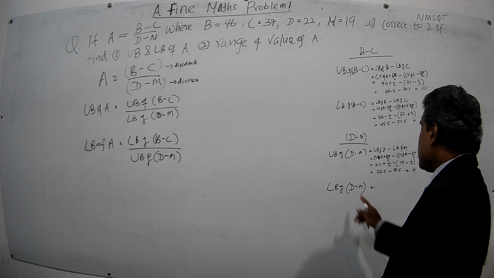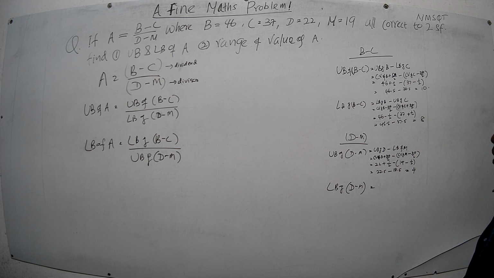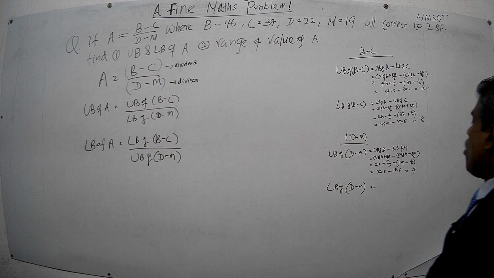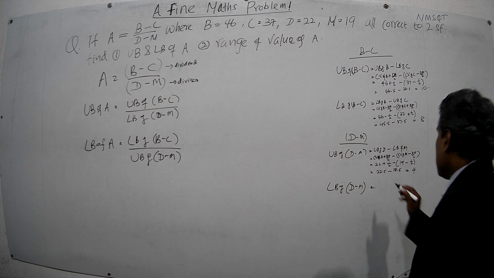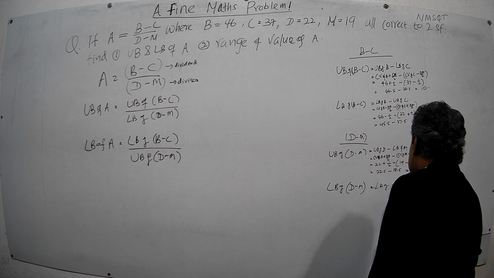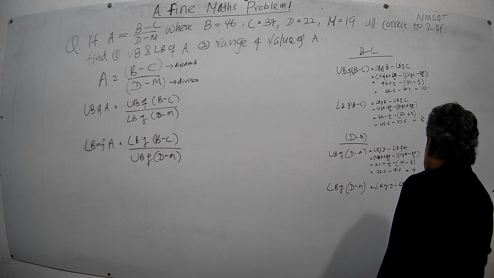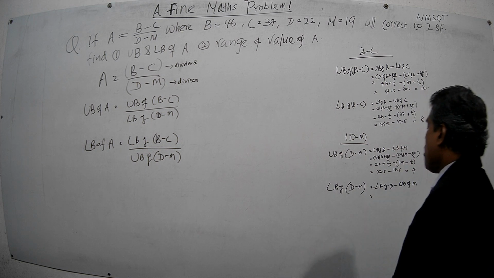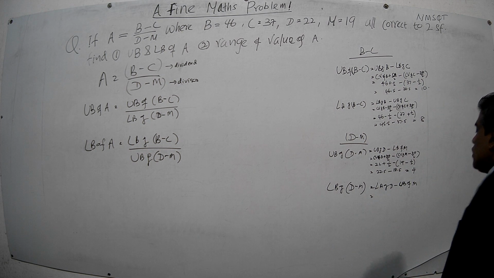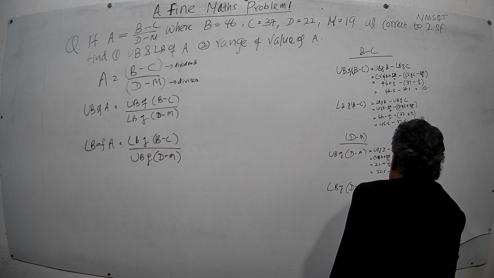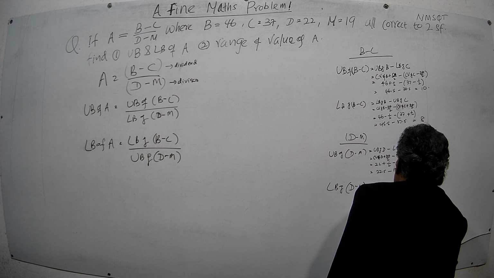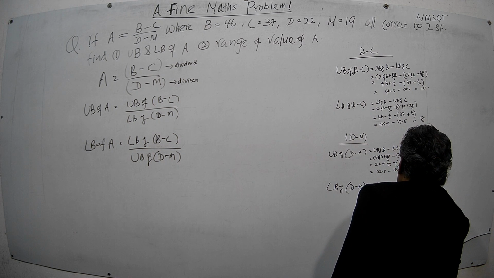Therefore the lower bound of D minus M equals the lower bound of D minus the upper bound of M. The lower bound of D is the corrected value of D minus the degree of accuracy over 2.